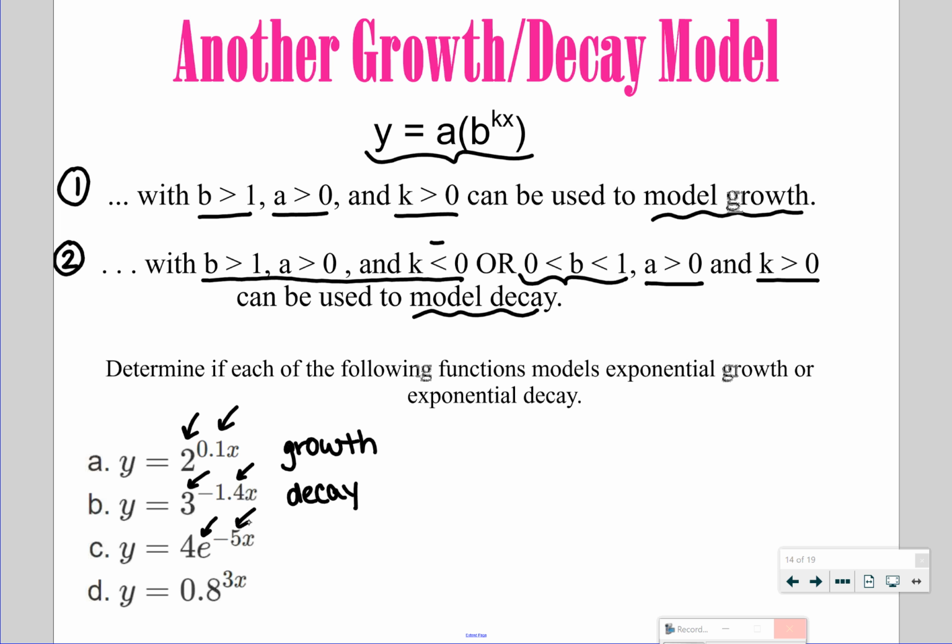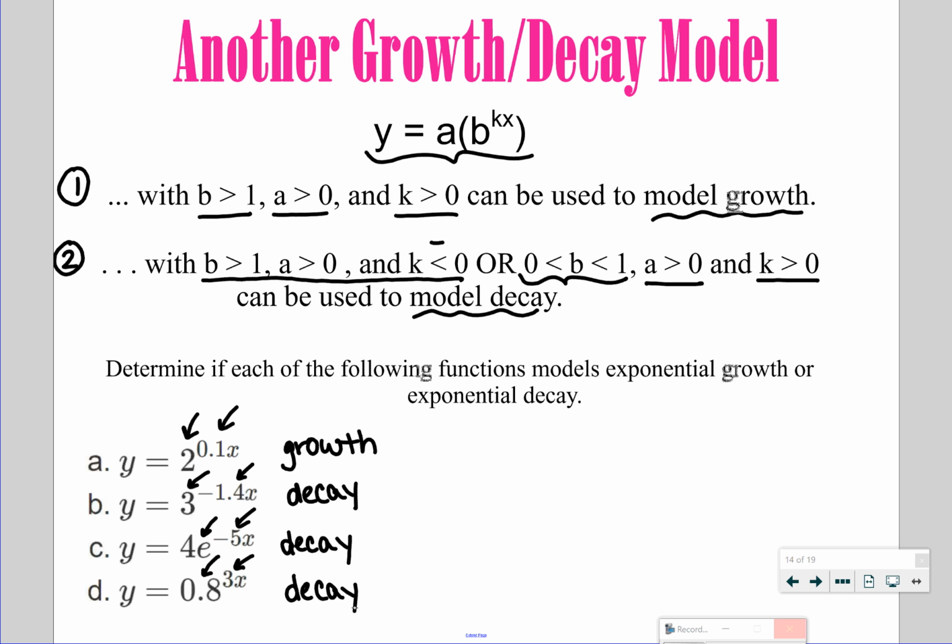And my k value, the number by the x, is negative. So this is a decay model. And then finally, I have a base that is between 0 and 1 and a k value that is positive. That is also an exponential decay model.